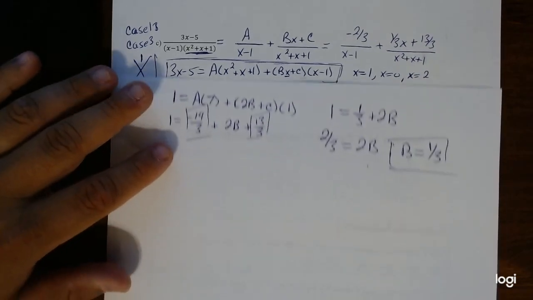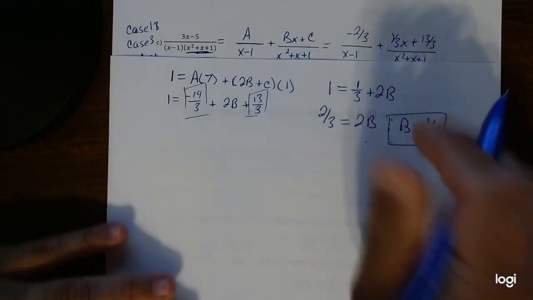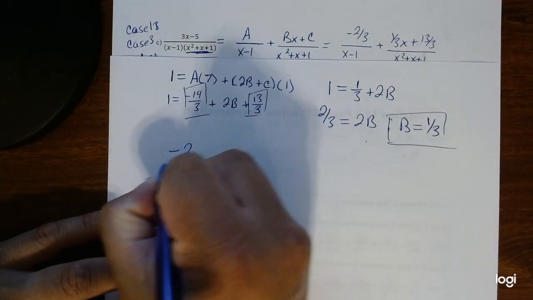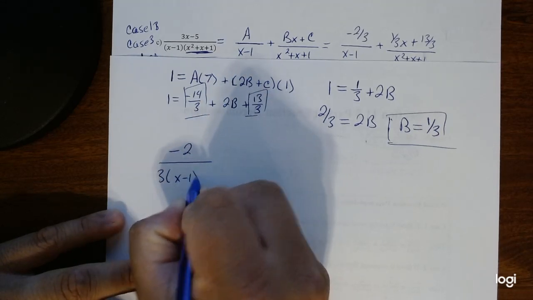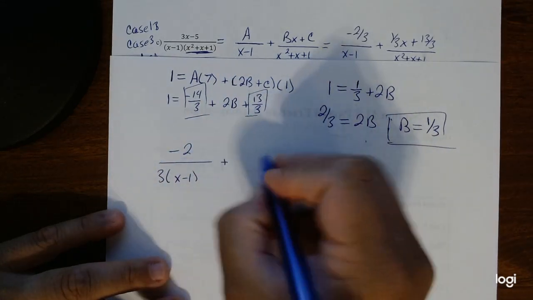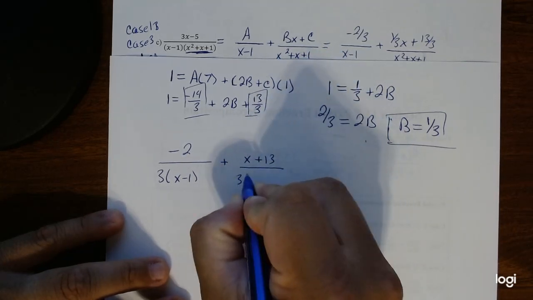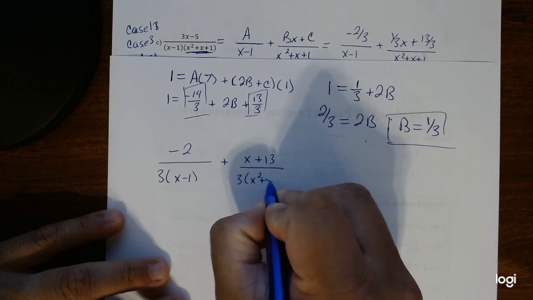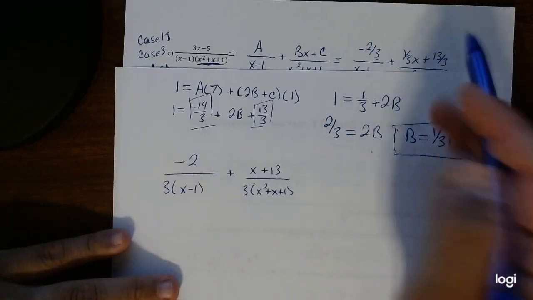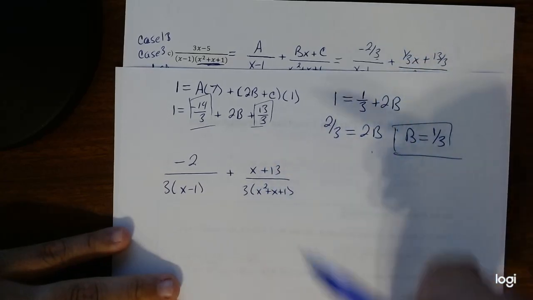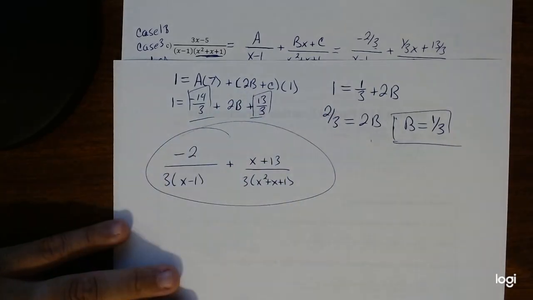However, if you're going to the integration part of this, another way to write your answer would look like this. Like that. So they would just bring the 3 down, factor out the 1/3, and bring it down here as well. So that's an alternative way of doing it as well.